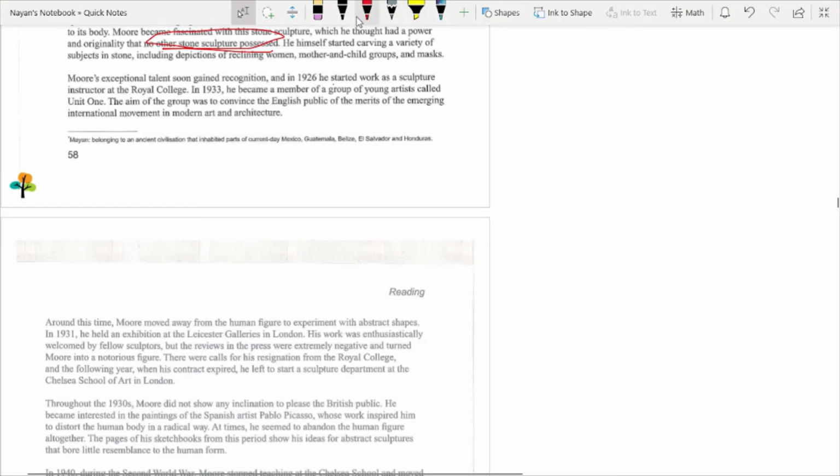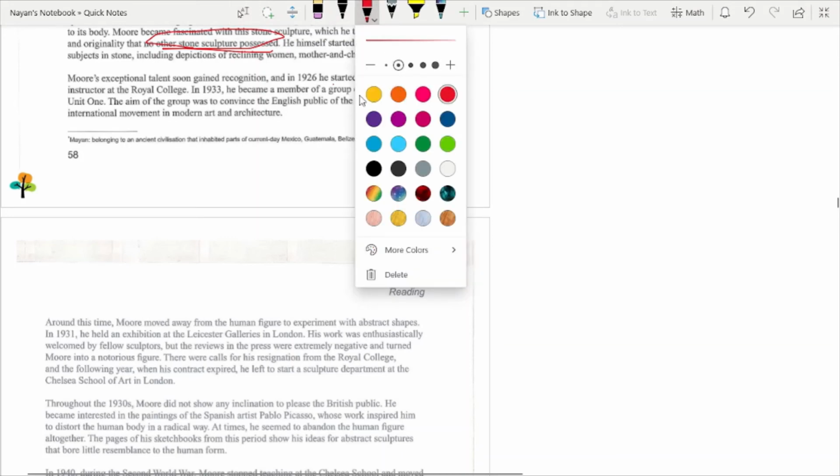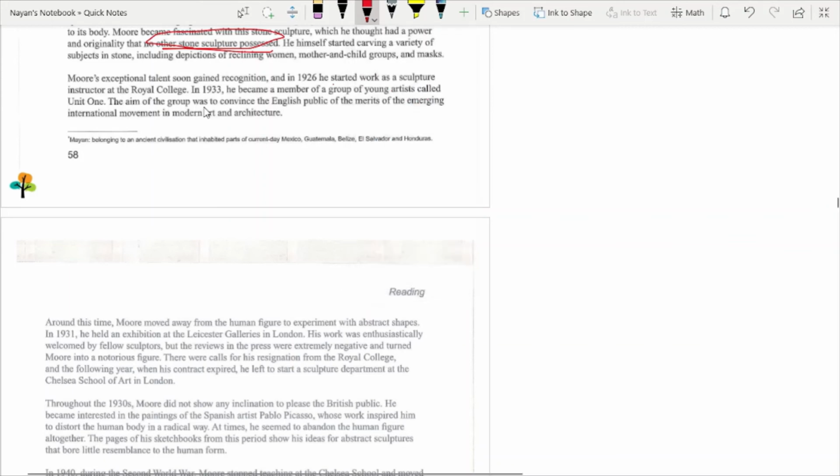The aim of this group was to convince the English public of the merits of emerging modern art and architecture. So the Unit 1 group's aim was to tell about the merits of this. So very clearly it's going to be true.